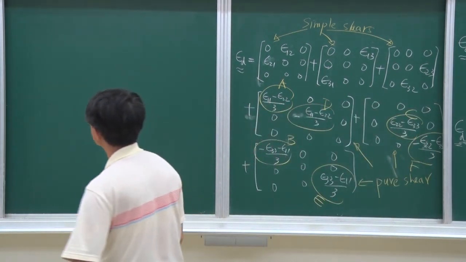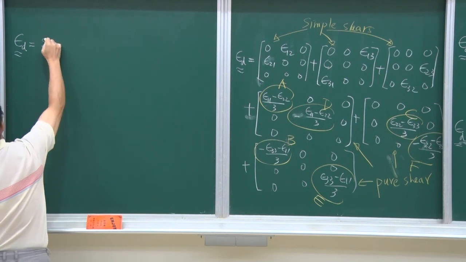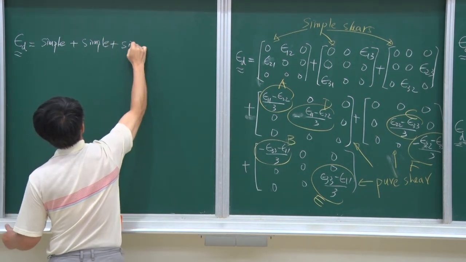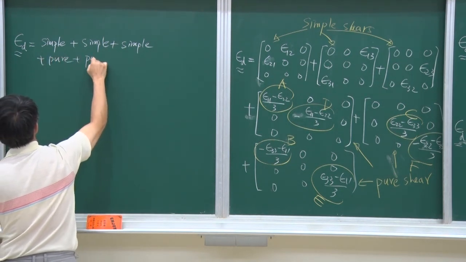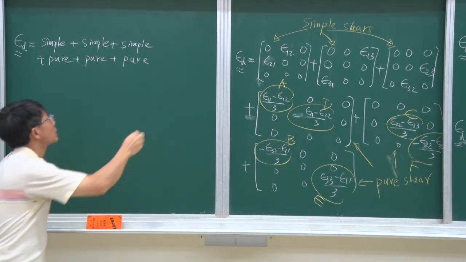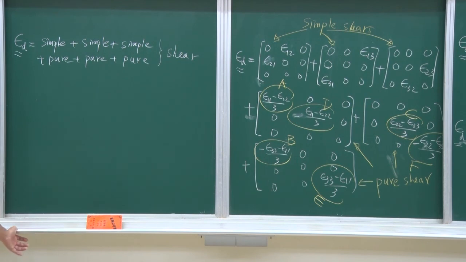As a result, I decompose the deviatoric strain matrix into 3 small simple shear matrices and 3 small pure shear matrices.